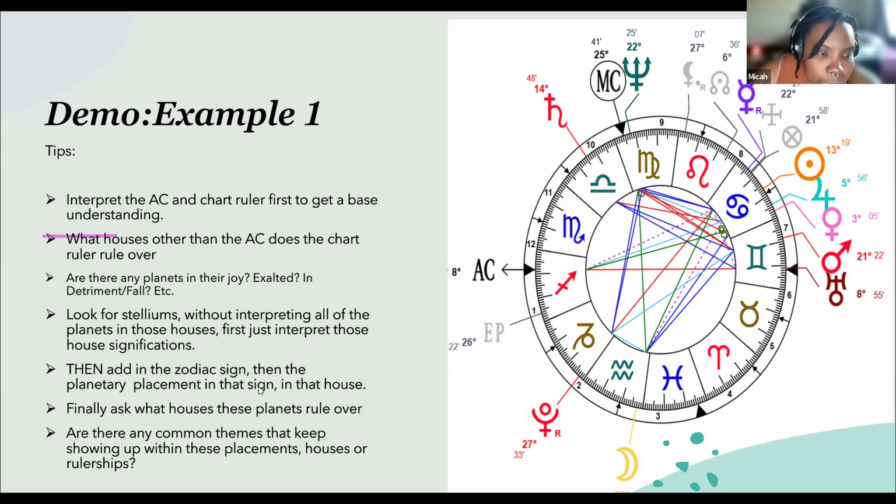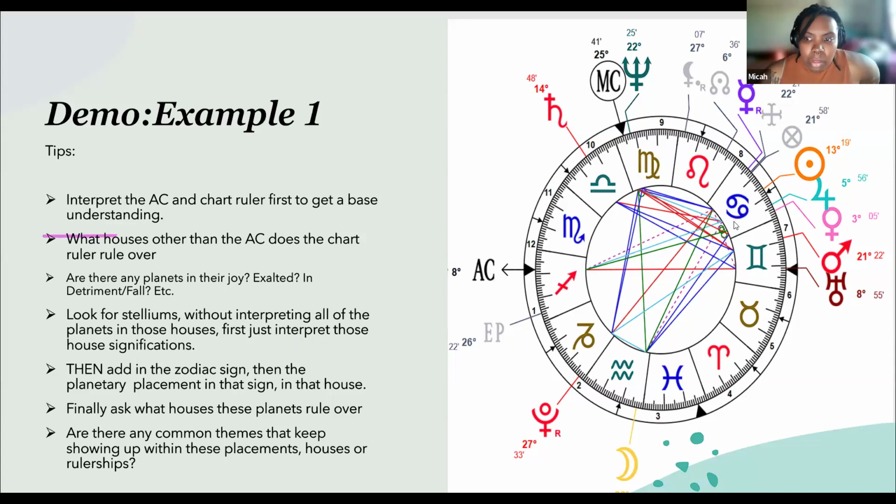Sorry, I'm kind of rushing through this, but you get the gist. Look for stelliums without interpreting all the planets. Okay, so I just did that. I didn't interpret every planetary position in that stellium. But I'd say first just interpret those house significations. So the eighth house is about other people's resources, it's about taxes, but it's also about crisis.